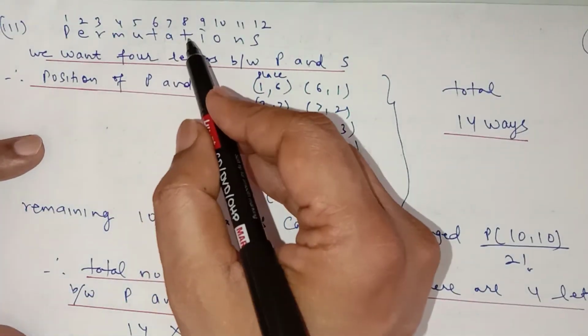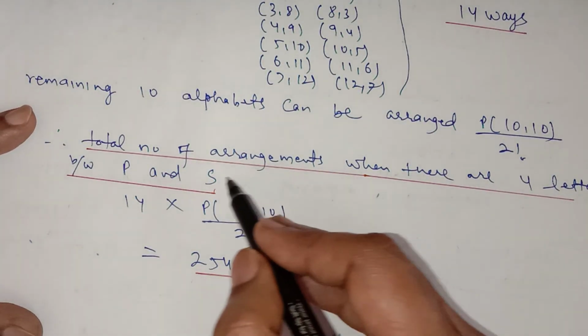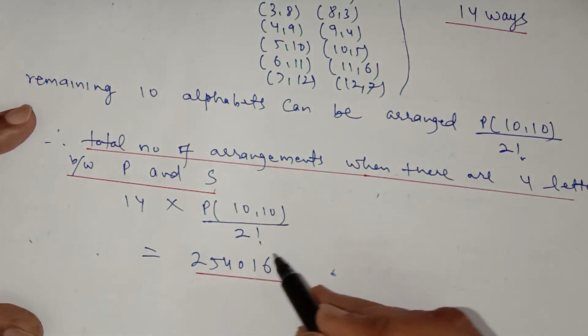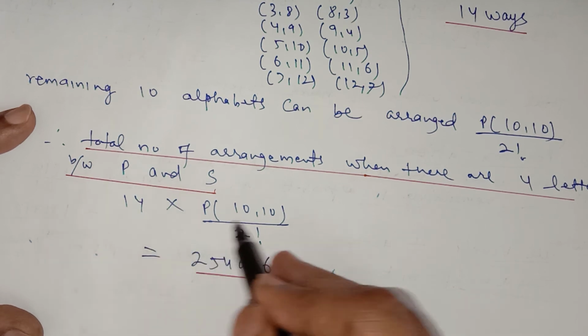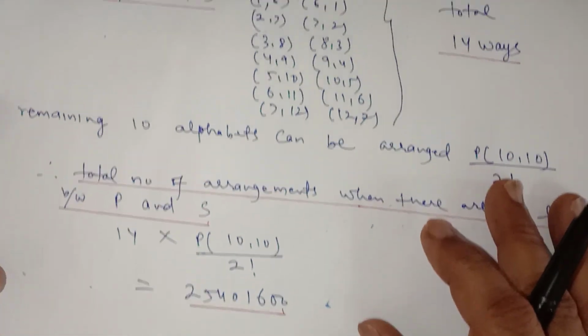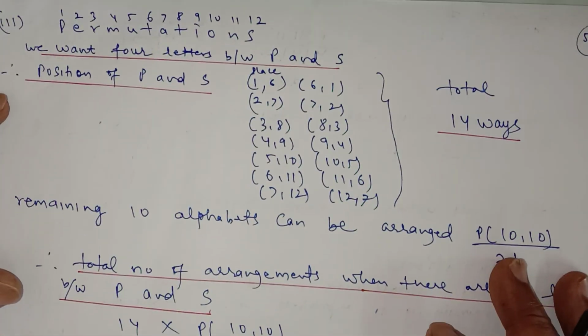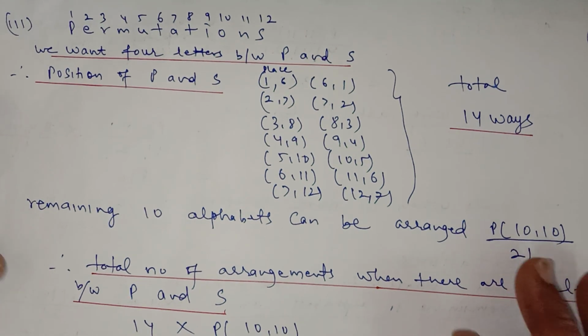And because here T is repeating 2 times, it will be divided by factorial 2. So these are the total arrangements of the remaining 10 alphabets, and 14 arrangements are there for P and S. So the total number of ways will be these two multiplied. So this is the total number of ways in which there will always be 4 alphabets between P and S. Okay, we'll discuss in the next lecture. Thank you.